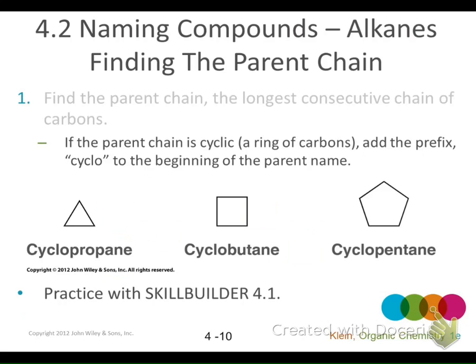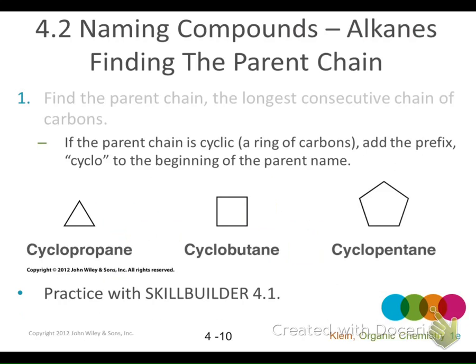Okay, in addition to alkanes that are straight chains, we have alkanes that are cyclic. Those are closed chains, okay? So we have cyclopropane, cyclobutane, and cyclopentane. Again, cyclopropane is the smallest one that you can have. Remember we talked about this in a previous question on the homework about the bond angles, right?